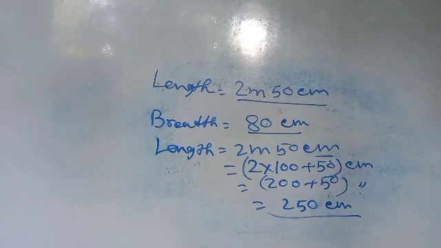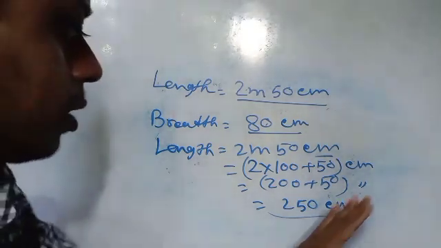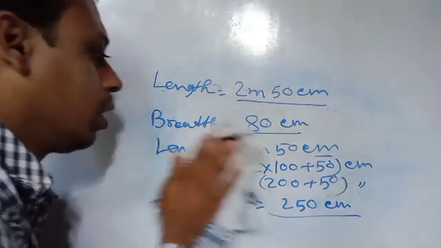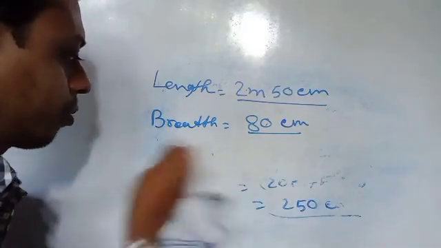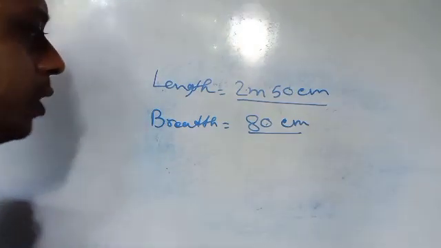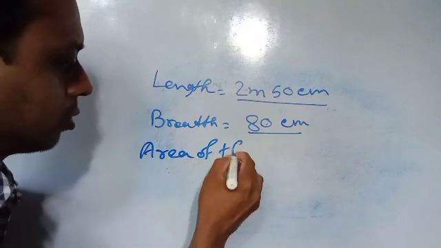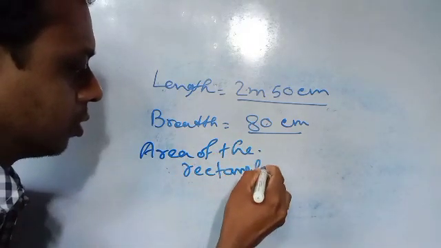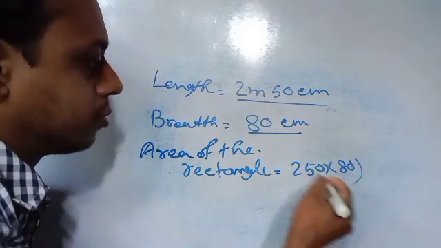So length in terms of centimeter, if we convert, then it will be 250 centimeter. Now breadth is already 80 centimeter. Now we have to find the area. So area of the rectangle is 250 into 80.